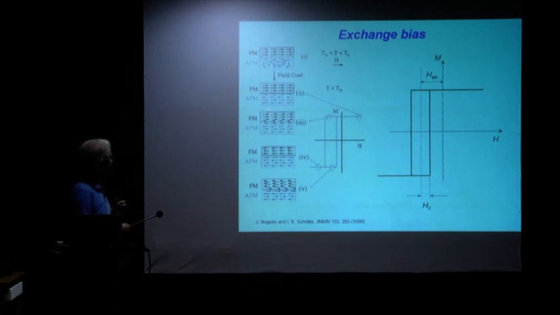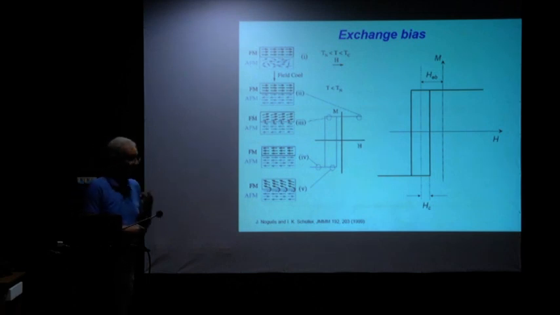Now, we start out with a sample like this, and since we've cooled it in a field and we're measuring the magnetization, our starting point is at this field over here. So when we're cooling this in a field, at this interface here, it looks as if we have an uncompensated antiferromagnet, yeah?